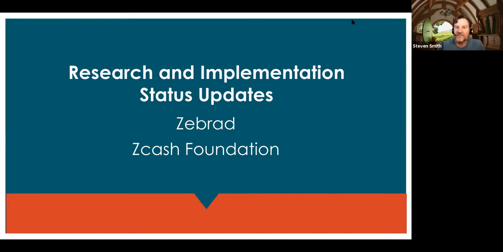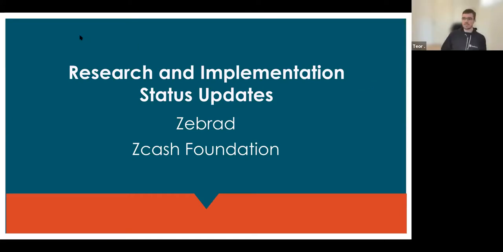Anyone on the Zebra side, any update this week on progress there? Yeah, sure. We're making good progress towards validation of NU5 and previous network upgrades. We are parsing the new message WTX, the wide transaction format for non-malleable transaction IDs, but we're just ignoring it until we have a mempool.